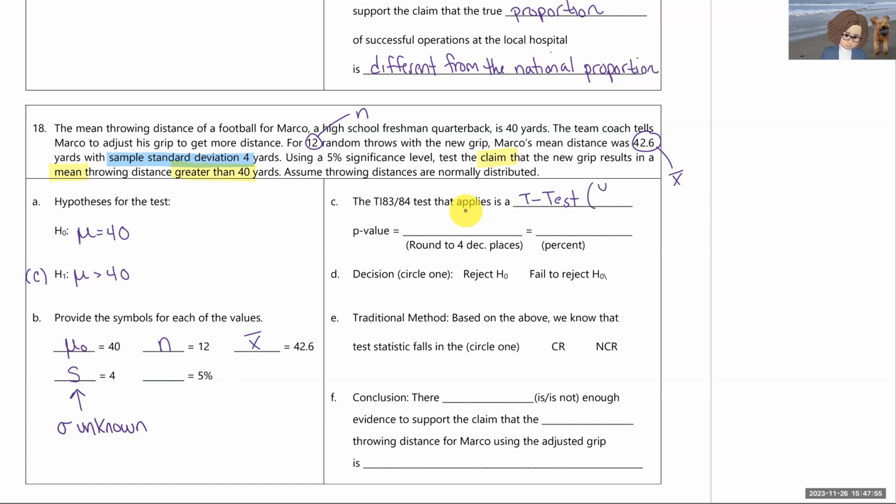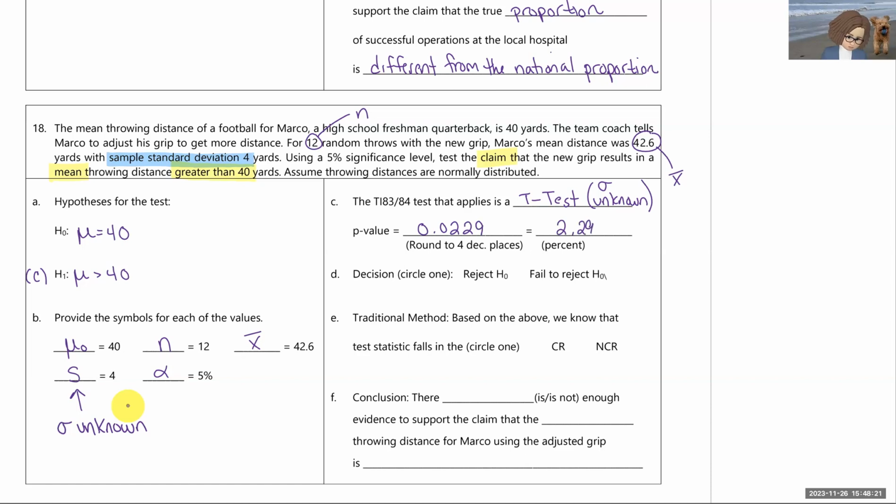I'm saying it again, because sigma is unknown. So pay close attention to which standard deviation they gave you, for the sample or for the whole population. And then the alpha, again, 5%. So that's alpha.